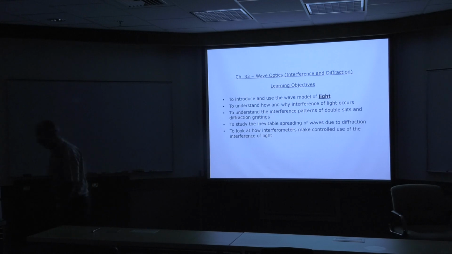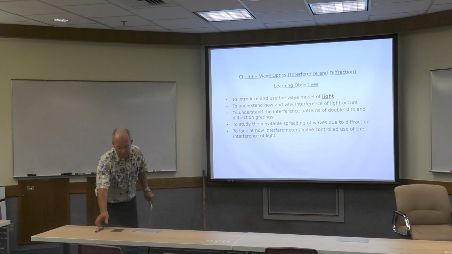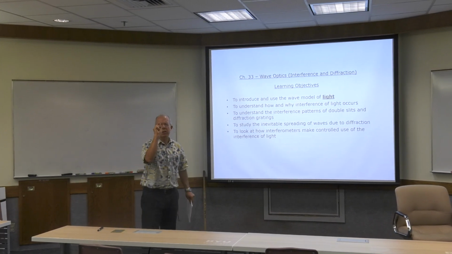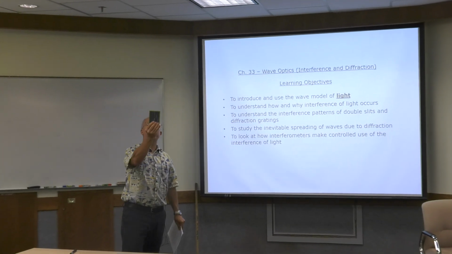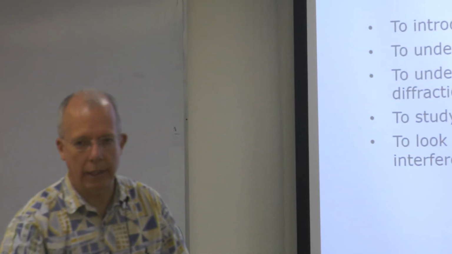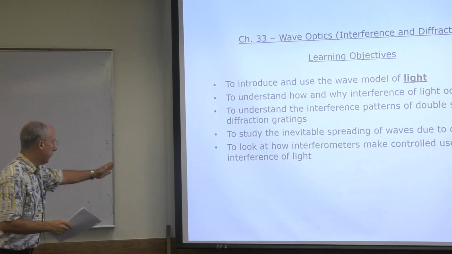Okay, so what was that? All I did there is I had a laser pointer and I shined it through a really, really narrow slit, a single slit. There's a piece of glass with black paper. And what did we see? We saw some kind of a pattern.